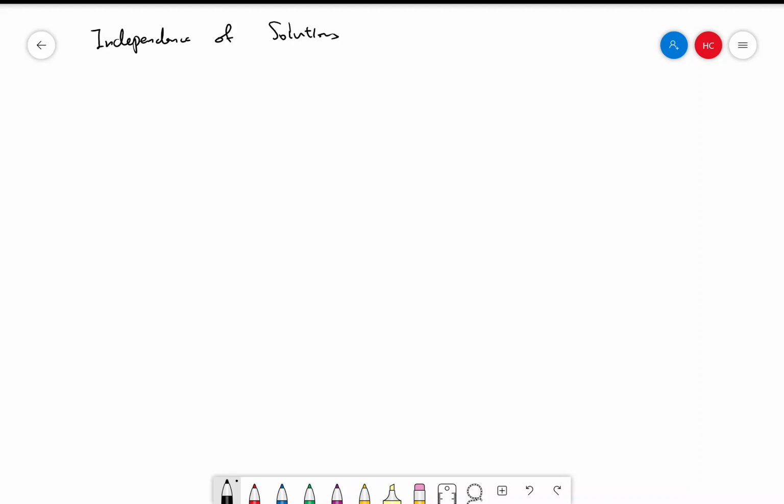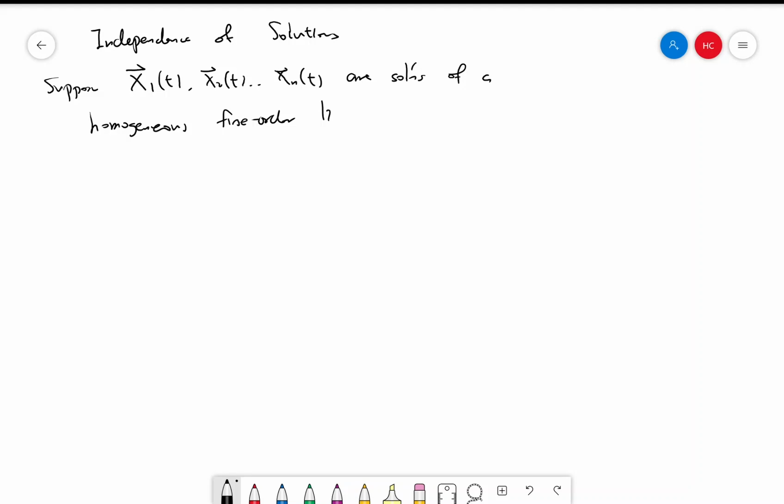Okay, so suppose x1 vector, x2 vector, xn vector are solutions of a homogeneous first order linear system of n equations. So suppose we have n solutions, we want to check if they're linearly independent. We also have the Wronskian to determine whether they're independent.